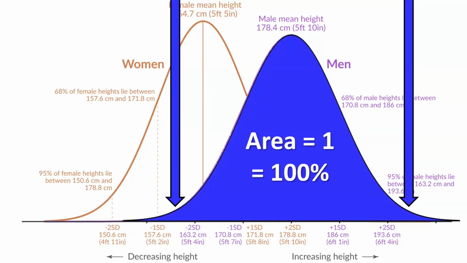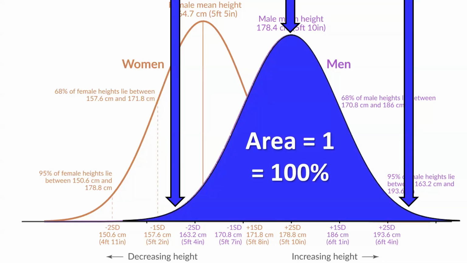And then the highest frequency of the normal curve is right there, and that is the mean of the normal curve. That is also the median of the normal curve. And in that case, this is the average height of 5'10". So in our world, the average height of males is 5'10", and by far, that is the highest frequency of heights for males.